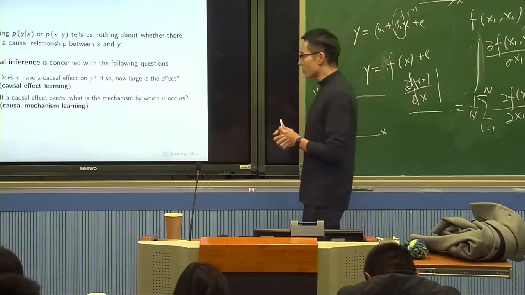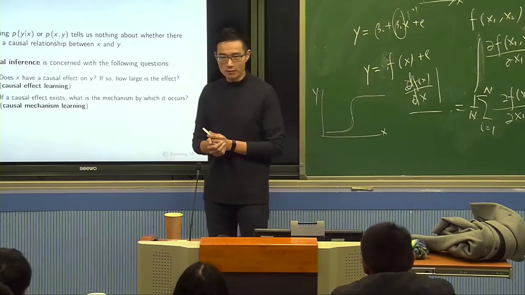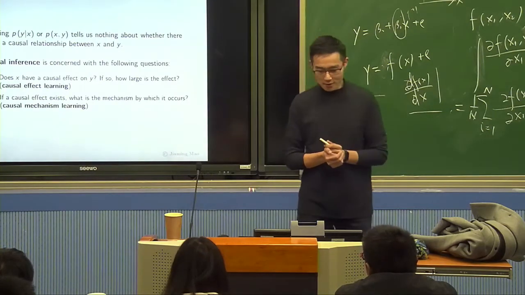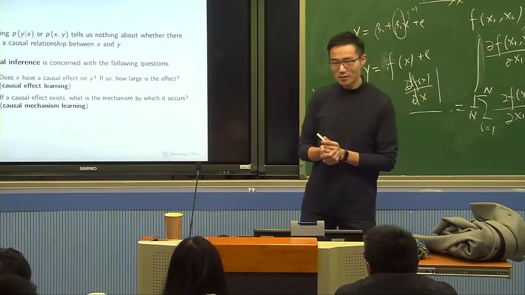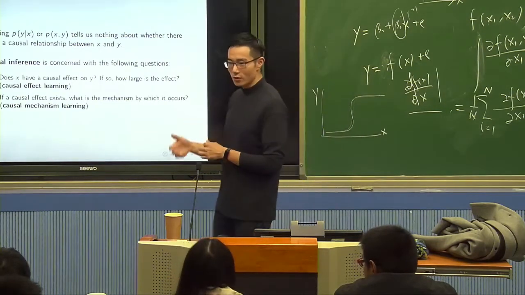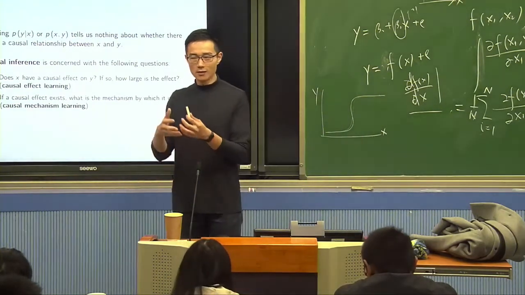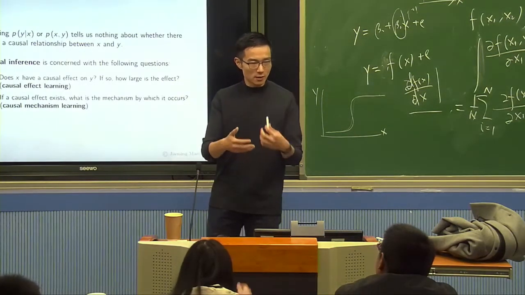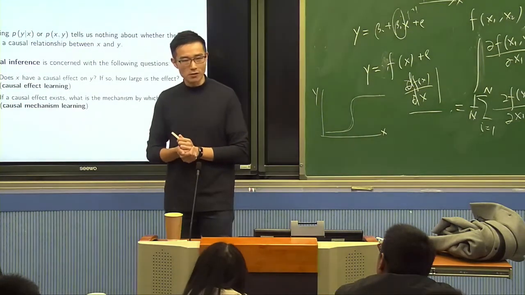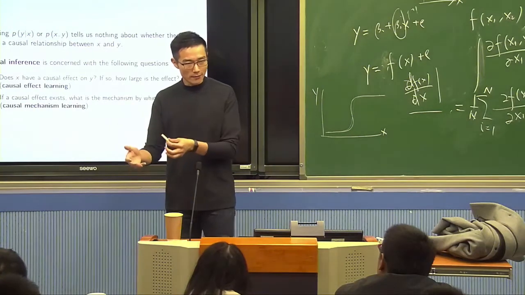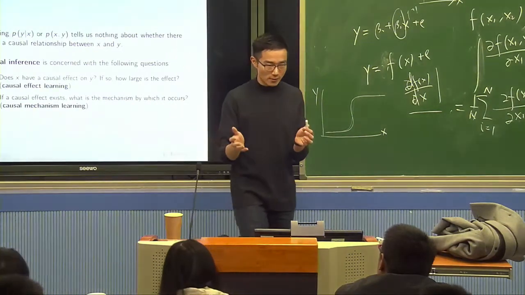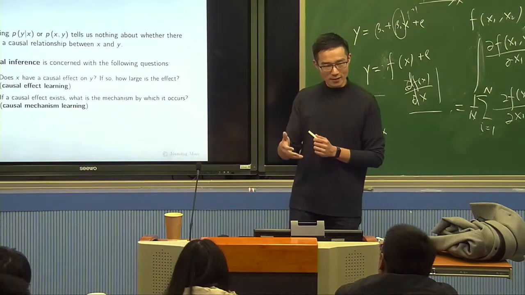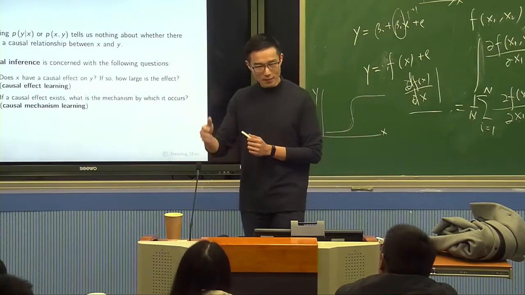It turns out that the majority of research in economics, applied economics, is causal effect learning. We simply take an X. I want to know the effect of a certain government policy, or the effect of a certain company or firm action on some kind of Y, and that is a causal effect. We're trying to learn that effect, but we are not so good at actually learning the underlying mechanism.